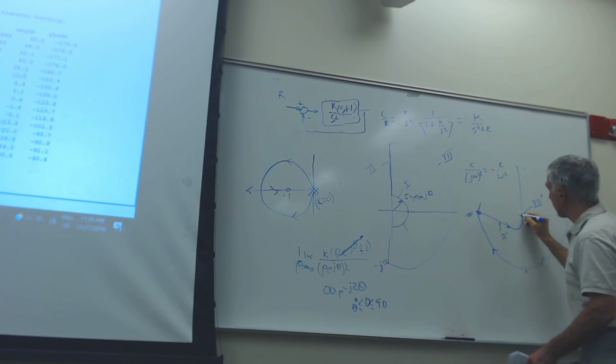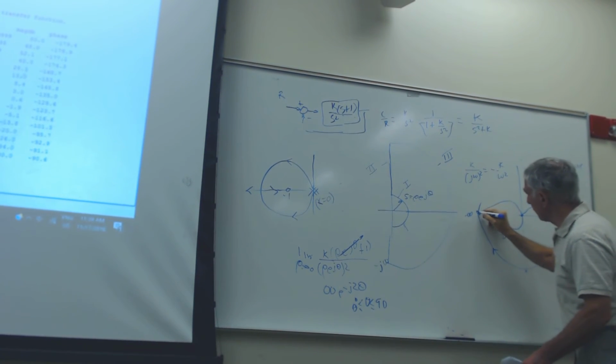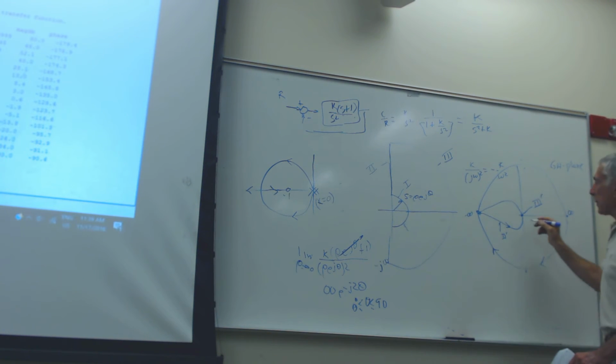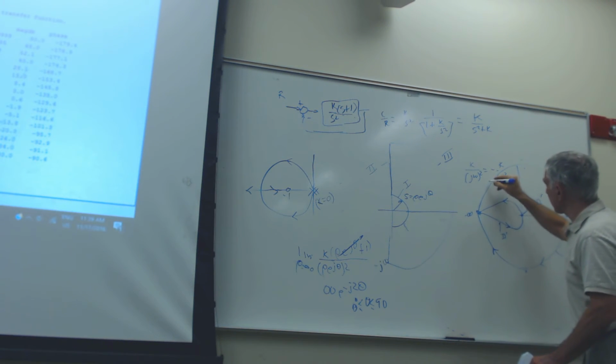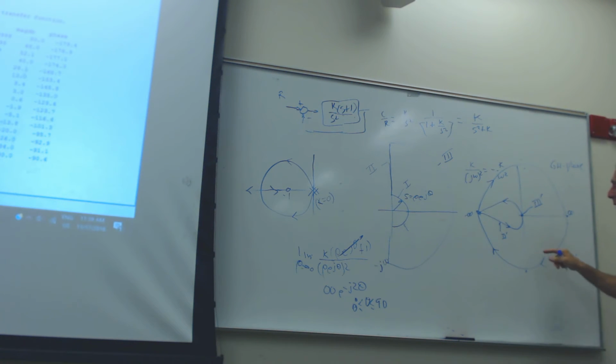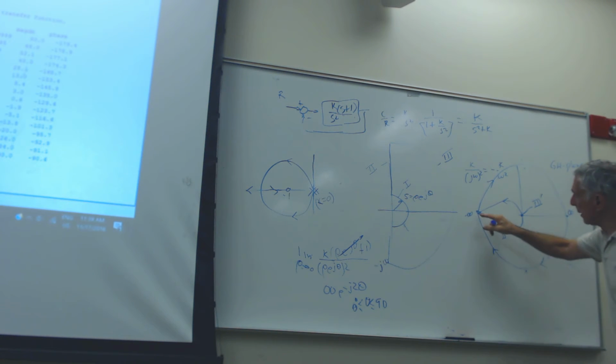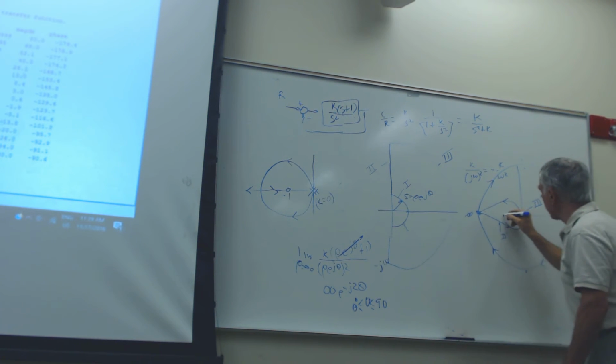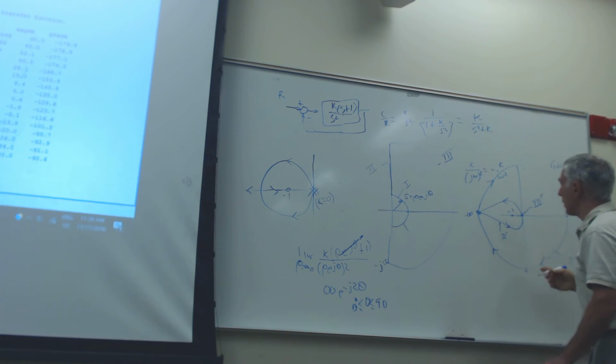So it's going to be like that, right? So this is directed like that, that's directed like that, right? So it kind of starts out like that, comes in like that, goes around like that, around like that. The minus 1 point is in here.